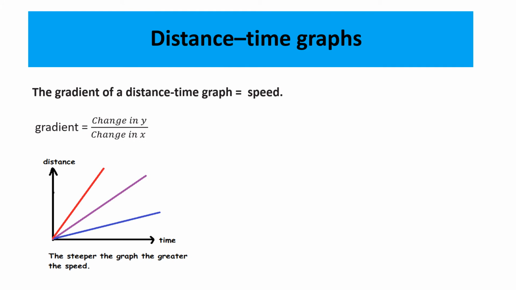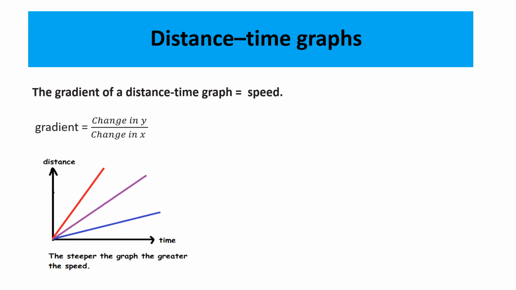We understood that the gradient of a distance time graph gives you the speed. Gradient means change in y by change in x. If you look at this graph, the steeper line is this red line, or the slope of this red line is higher than the others. If the slope is higher or if the graph is steeper, the speed will be greater.